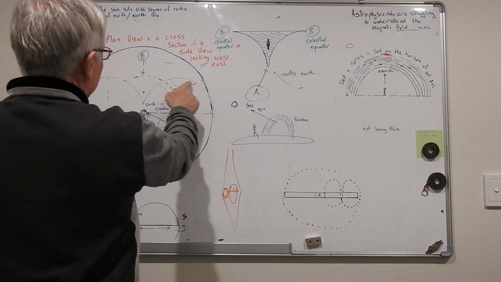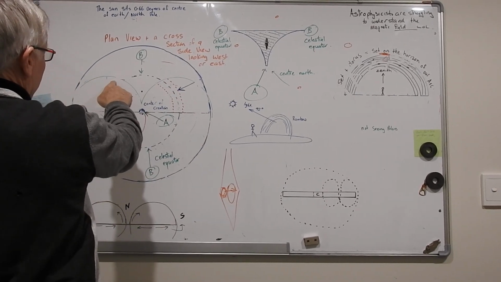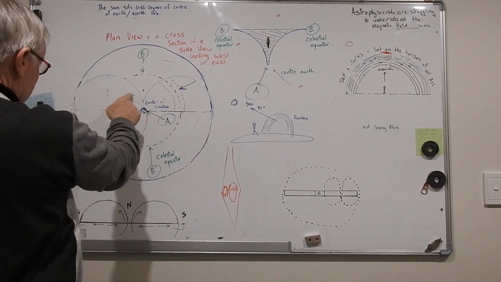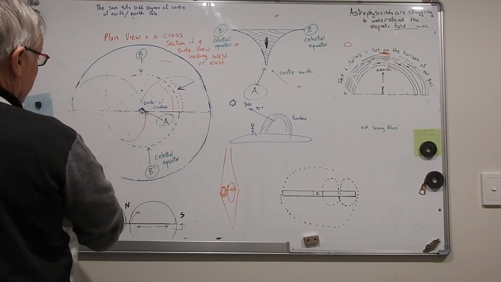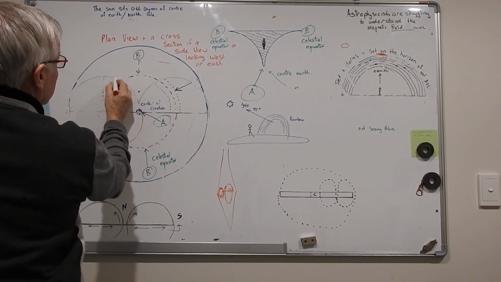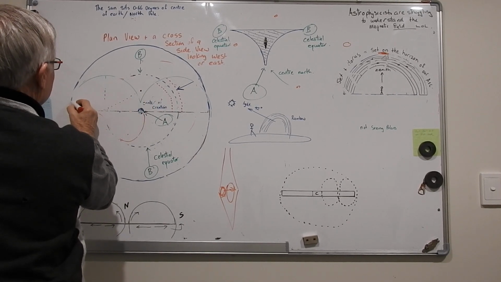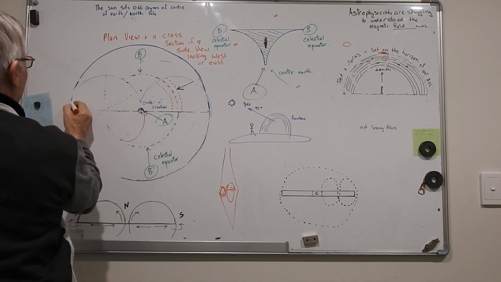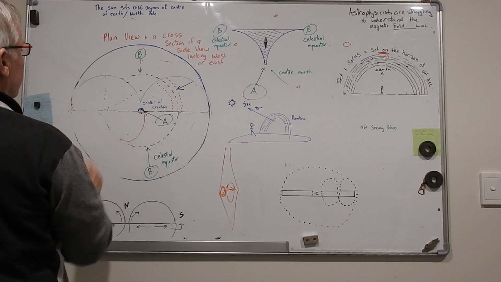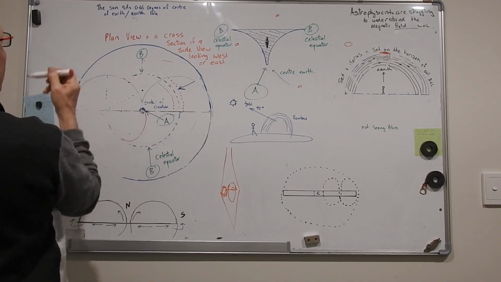Now because you've got a parabolic arc pictures here, you've got two symmetrical arcs. So the picture you're seeing in here is going to be reversed out here. So if there's a star up here, the star will appear down here. And if the star's over the other side, it's going to appear over this side south.